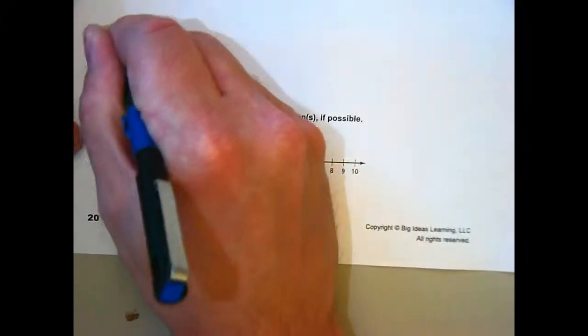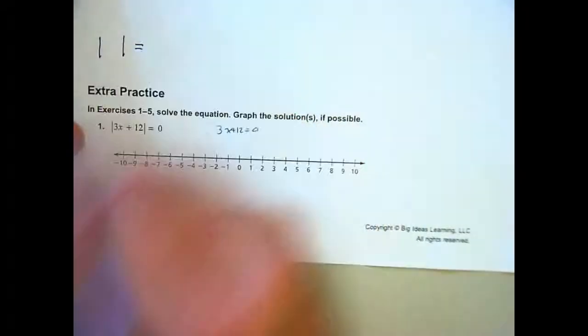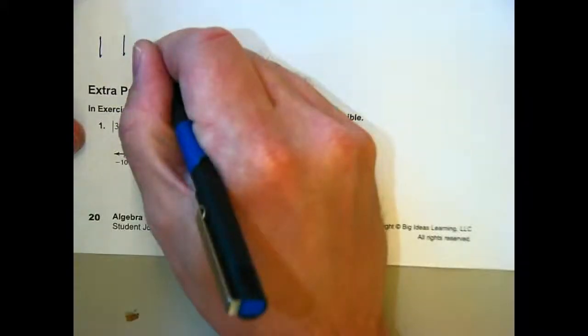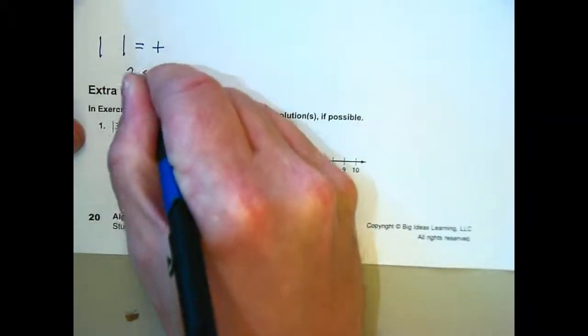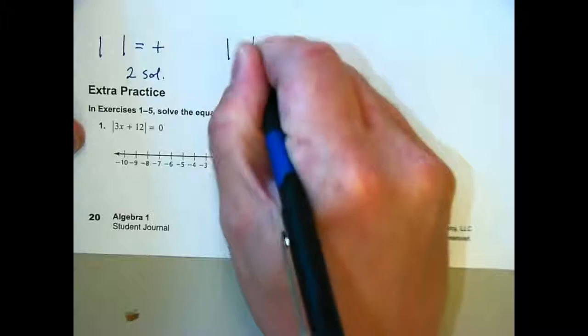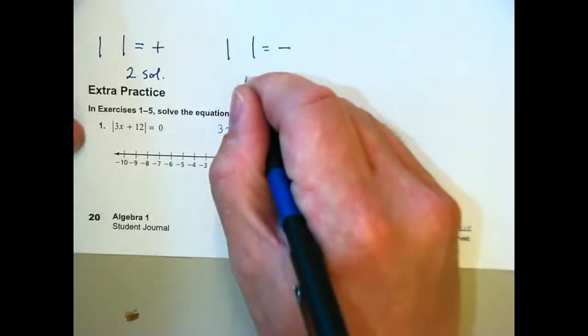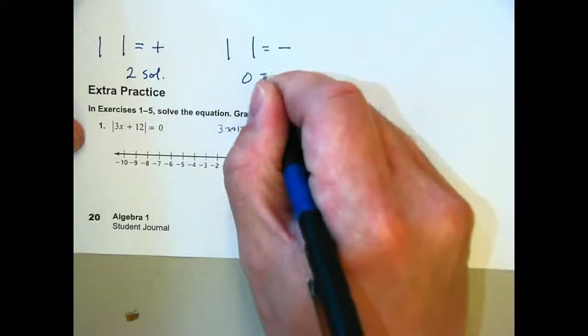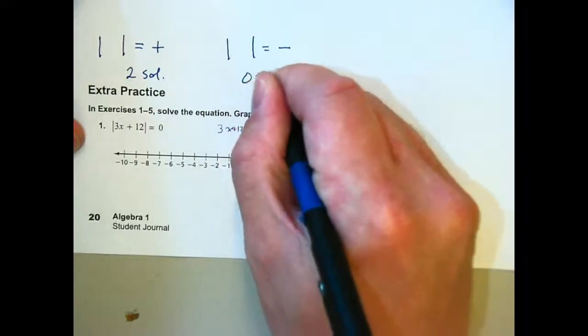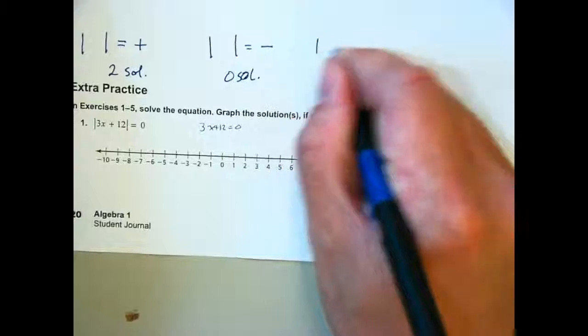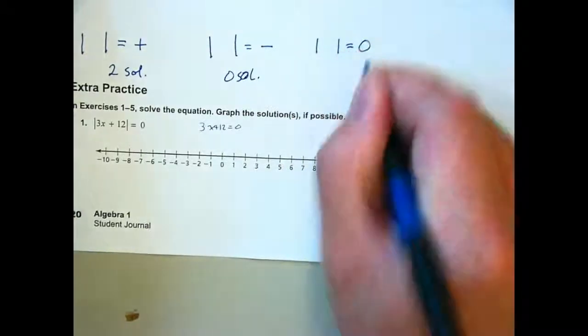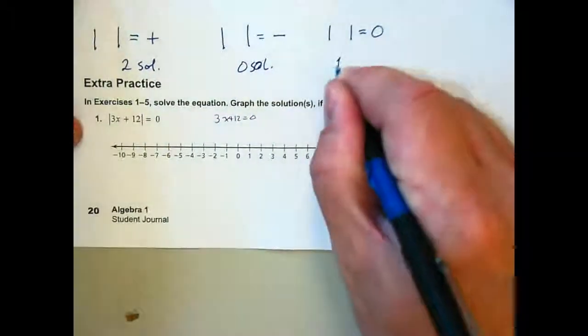If you have an absolute value all alone on one side and it equals a positive, you're going to have two solutions. If you get an absolute value and it equals a negative, you're going to have 0 solutions. And if you get an absolute value and it equals 0, you will have 1 solution.